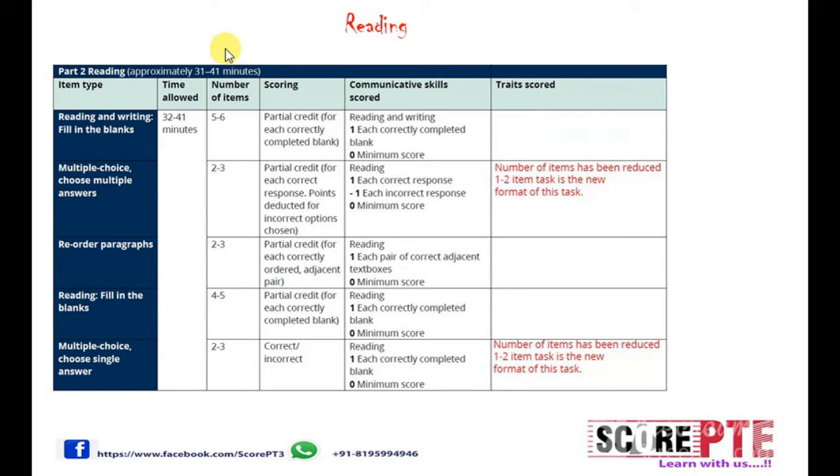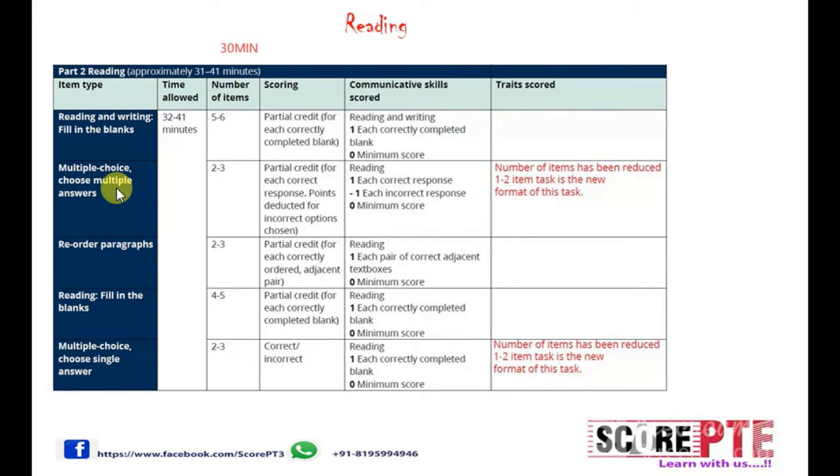Before you were getting 31 to 41 minutes, but now you will get 28 to 30 minutes. And for reading and writing fill in the blanks, there has been no change.